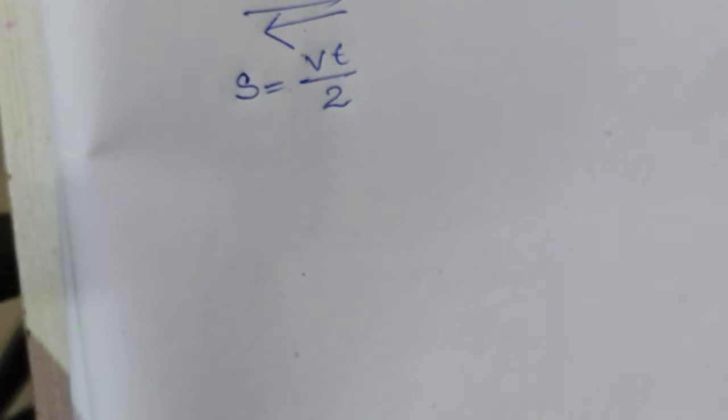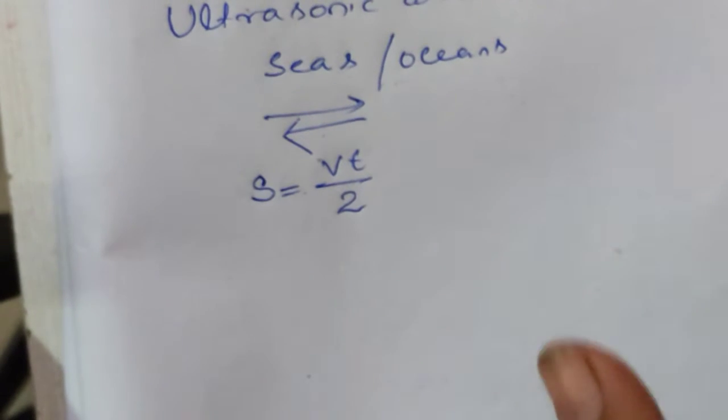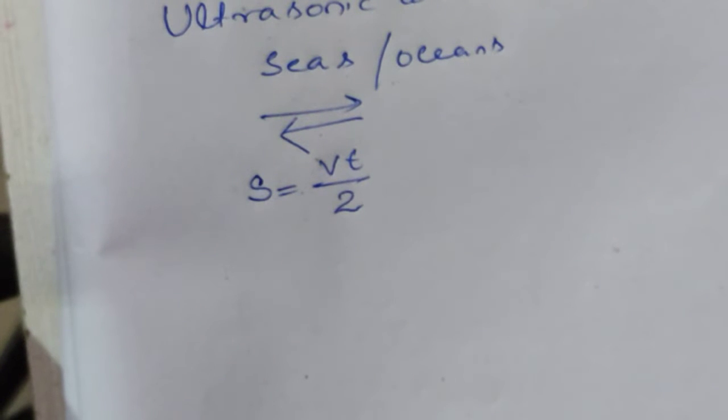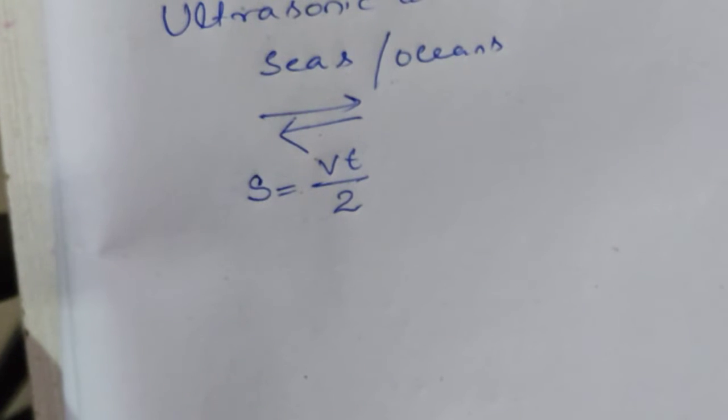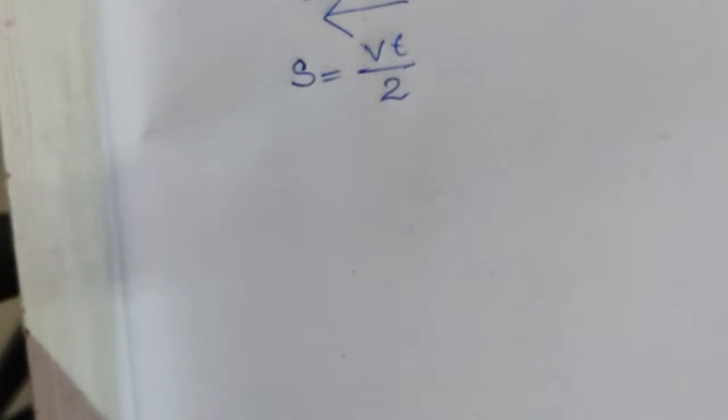The process is the same, only the source is different. Just like in the echo method a gun is shot, in the sonar method an ultrasonic sound wave is used, and in the radar method radio waves are used. Okay, now this is all about macro distance measurement.